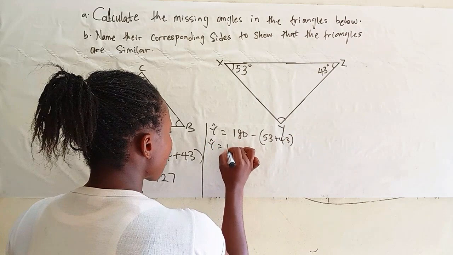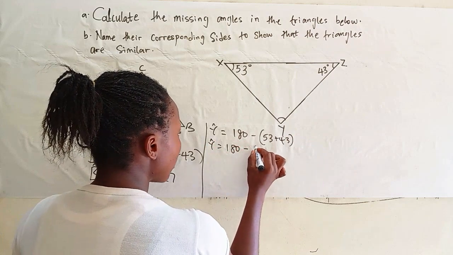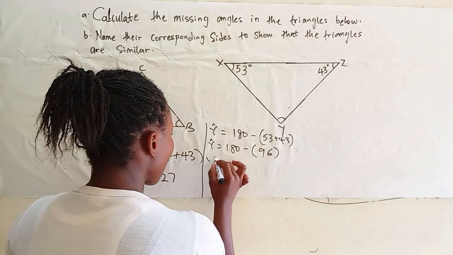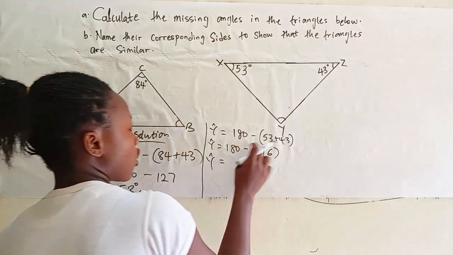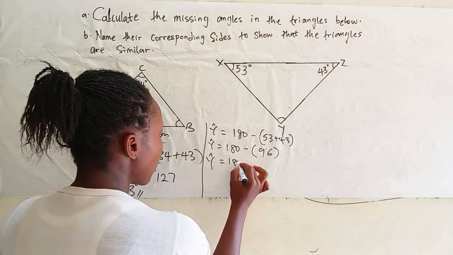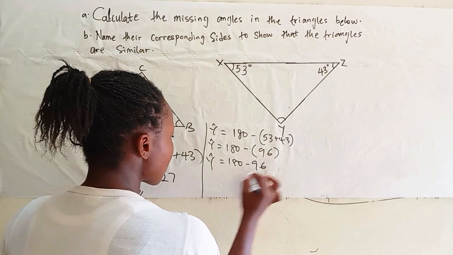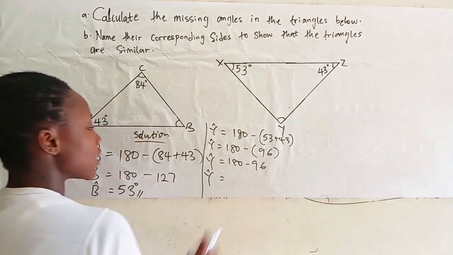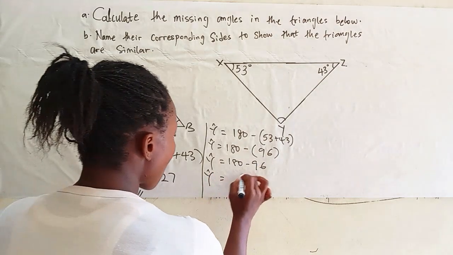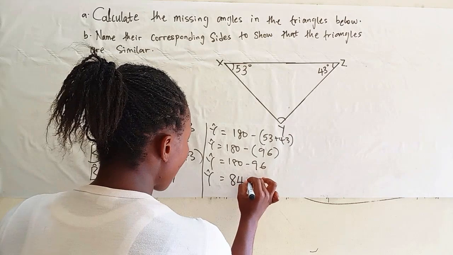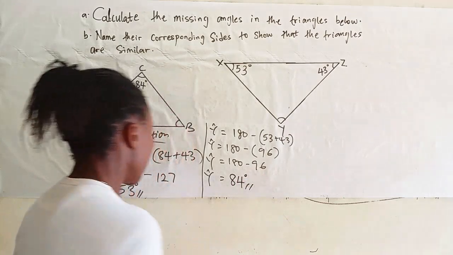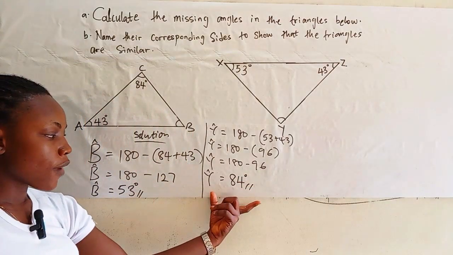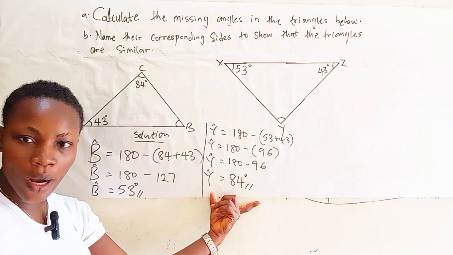Angle Y equals 180 minus 96. Subtracting them, we are going to have 84 degrees. Now we have gotten the value of our angle B and the value of our angle Y.